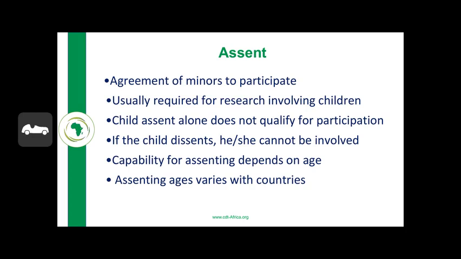Assent does not guarantee, however, participation in the study unless proxy consent is obtained. If the child dissents, there is no need to seek consent from parents or guardians. He or she will not be involved in the study. Assenting age varies with countries.